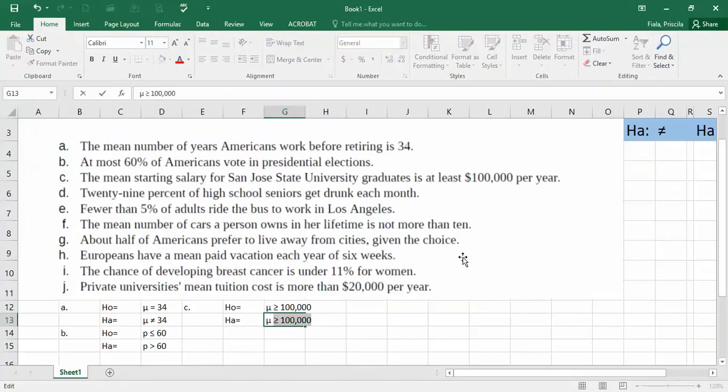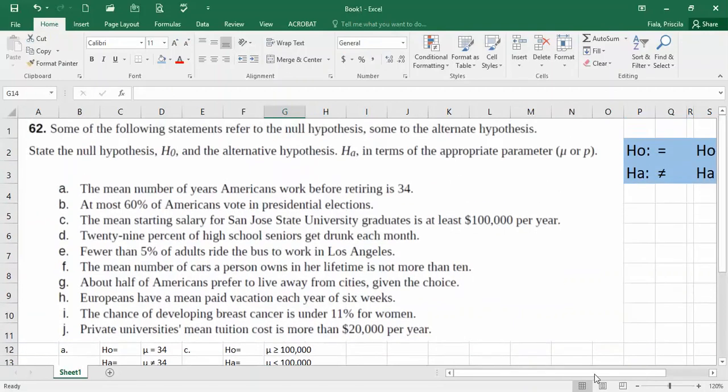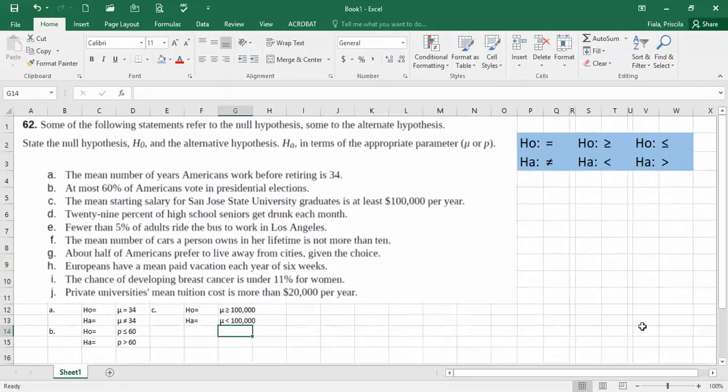So if the null hypothesis is higher or equal, the alternative hypothesis is less than. There's no equal signs on the alternative hypothesis ever. Okay, so let me make it smaller here. All the equality signs go on the null hypothesis.